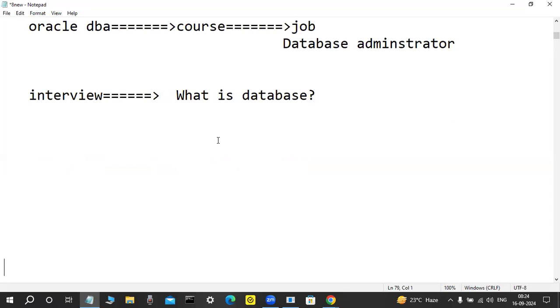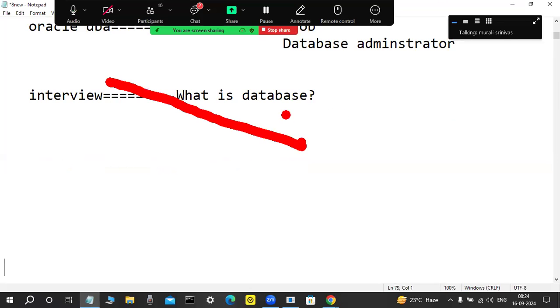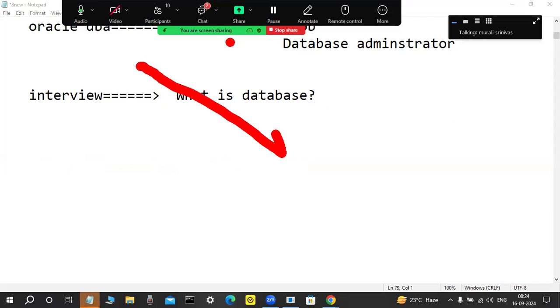Database is a place, a structured collection of data, means immediately the interview is gone, rejected. Your interview is gone only because you are not a developer. If you are a developer, you say yes, structured collection of data, okay. But if you are an administrator, don't try to give answers related to logical structure. You are a good administrator means you are good at physical structure.